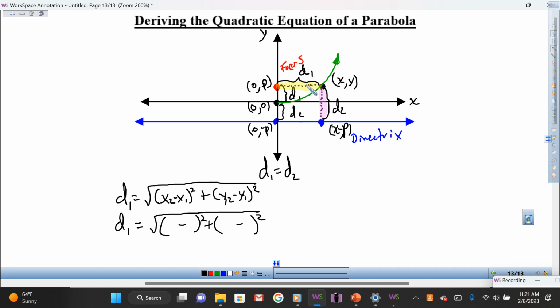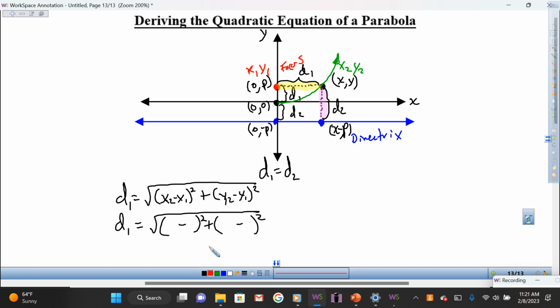So I'm looking at the yellow highlighter right here, D1, the new D1, which means what? That this point, the focus, is going to be my first point, so I'm going to label this one x sub 1, y sub 1. So far, so good? That means that this second point over here is my what? X sub 2, y sub 2. So far, so good? So check this out.